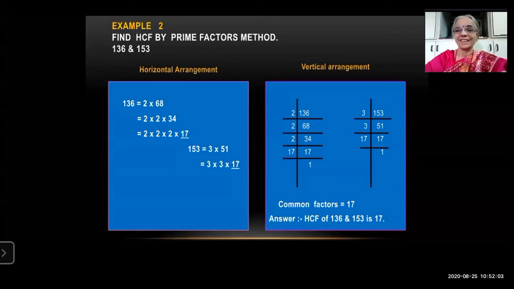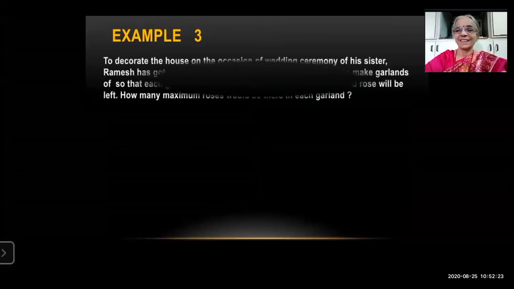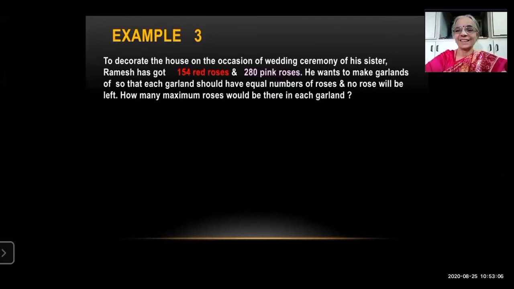Okay. Now, children, one more example. Example 3. In this example, I need your help. Will you help me? Any one of you who would like to read, raise your hand.